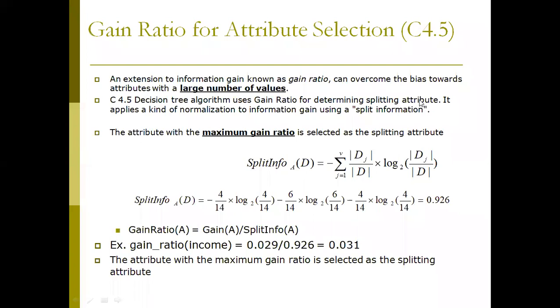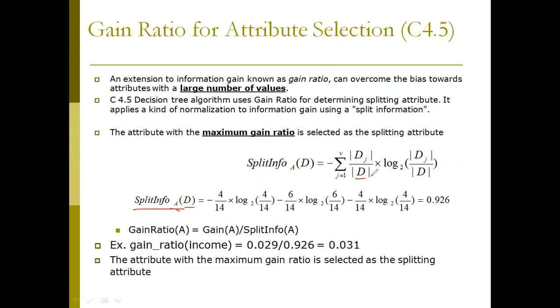Now I'm going to calculate the split information for the income attribute of the data set. Here I have the formula. What is the formula? Already we have discussed. |D| is the total number of instances in the data set.